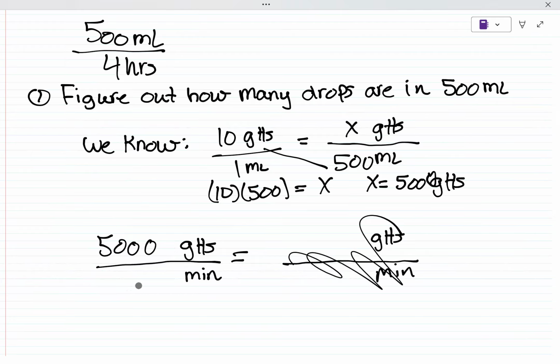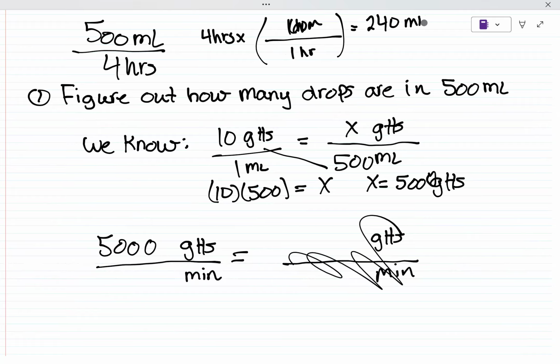What was our minute? Yeah, we have to convert this 4 hours. Let's convert the 4 hours into minutes. We know that in 1 hour there's 60 minutes, so 60 times 4 is 240 minutes.